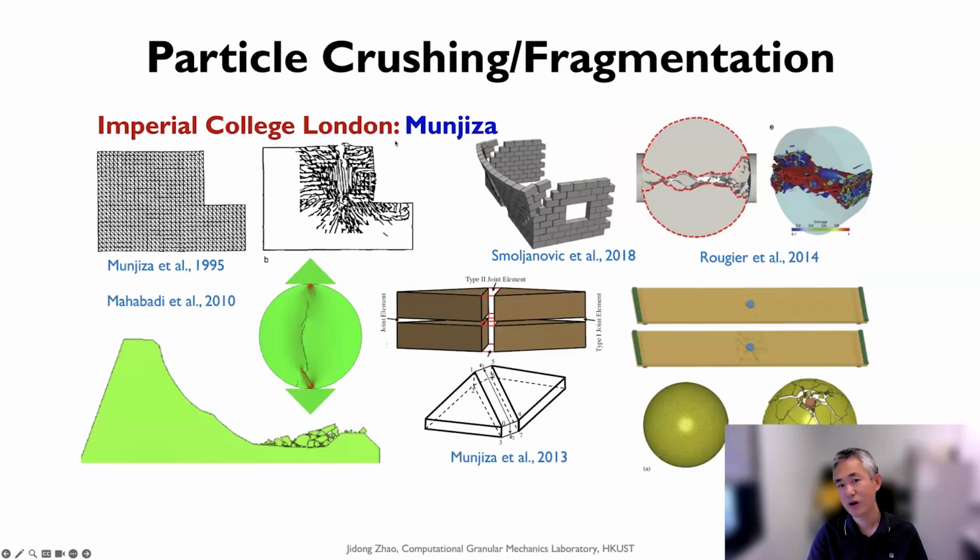And this is what we call FDEM here. A typical figure is from Munjiza, who proposed this FDEM. F means finite element, DEM means discrete element. Essentially, it is a finite-discrete element coupling. You see, the coupling discretizes each individual particle by FEM, which is then crushed in this way.